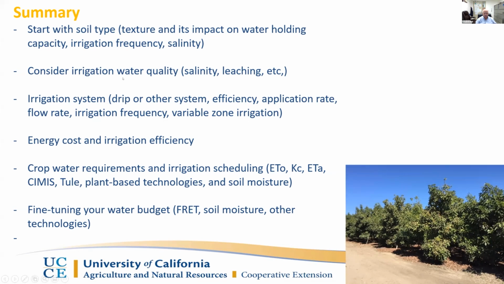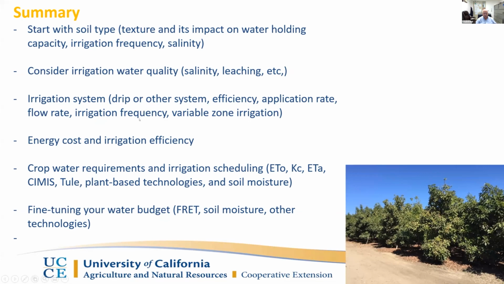We want to consider irrigation water quality. If I have good irrigation water, I would not worry about leaching at all, because salinity is low. If I have high salinity, I may have to do leaching more often. We want to look at the irrigation system. Do I have drip irrigation? Do I have micro sprinkler? And I want to make sure that I have a flow meter to tell me what's going on.